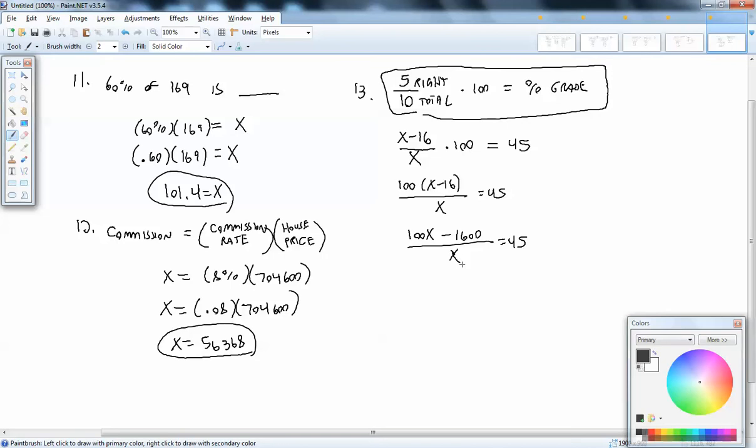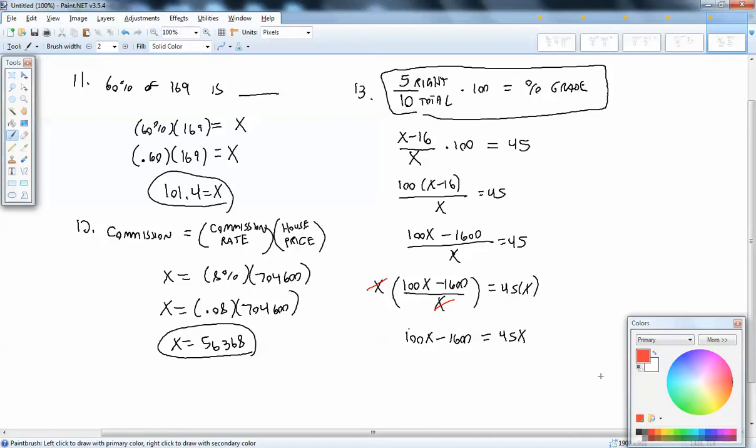I do have a fraction. Multiply everything by the LCM of all your denominators. We only have one denominator, so that is our LCM. So we multiply that times this fraction and times the 45. Now when you do that, these x's cancel, and I end up with 100x minus 1600 equals 45x.